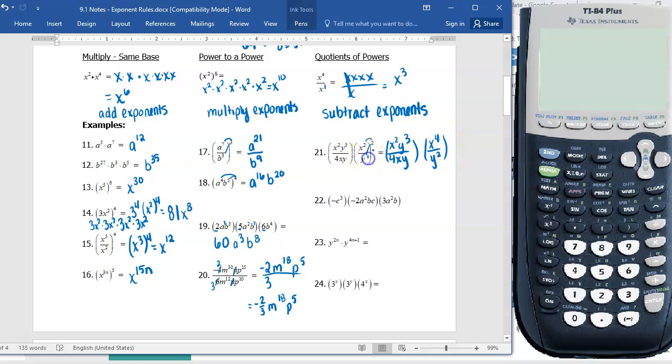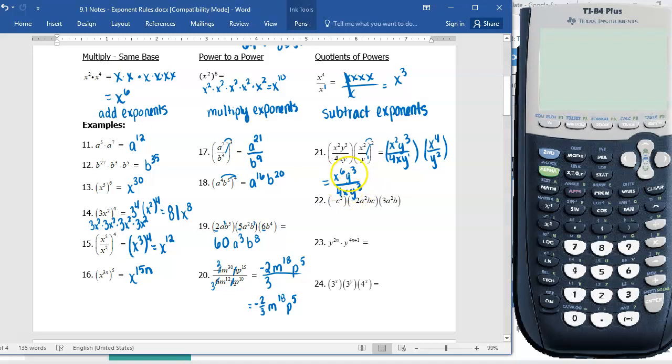Remember, you've got an invisible 1 here, so 1 times 2 gives you 2. Then you can combine your x's in the top and your y's in the bottom. So that's going to give you x to the 6th, y to the 3rd over 4xy to the 3rd. There I'm just adding together 2 and 4, which gives me the 6 here. Y has a 1, and y squared gives me y to the 3rd.